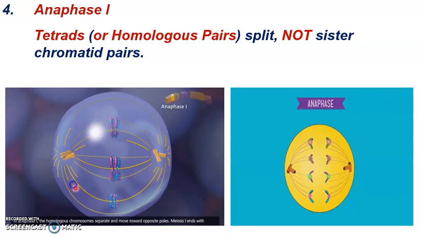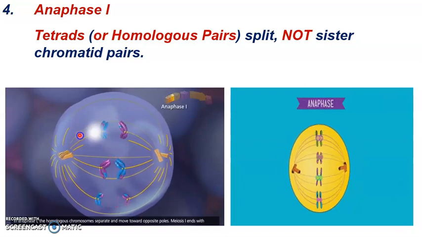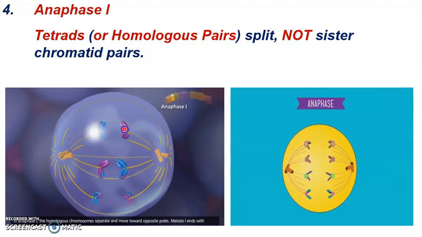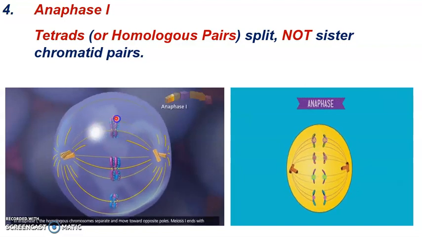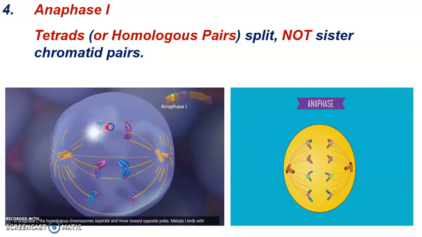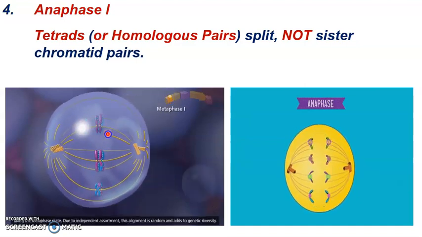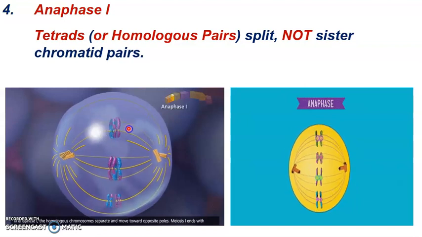So this is what we're seeing down here in this animation. You can see that the X's don't break down. It's just the tetrads or homologous pairs. So what's not happening here in anaphase number 1 is the chromosome number does not double like it did in mitosis.